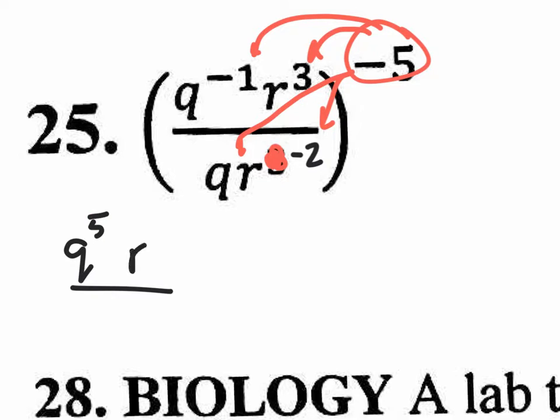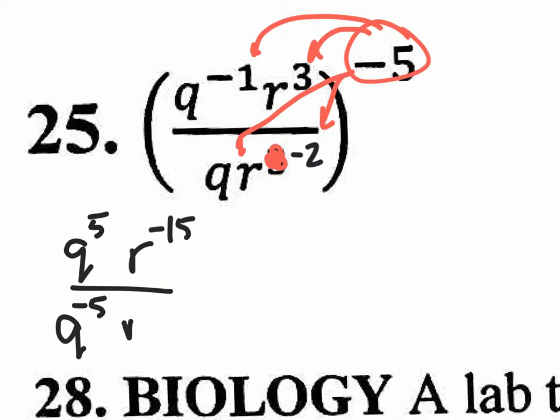And then r to the what? R to the -15, because 3 times -5 is -15. And then the q down here, the q is going to have what power? -5, because there's an invisible 1 right here. 1 times -5 is -5.